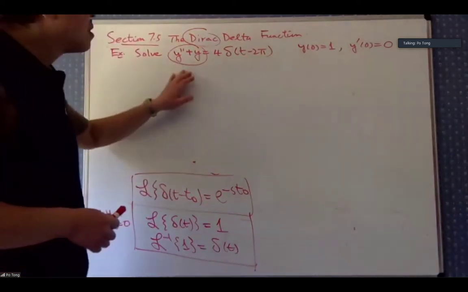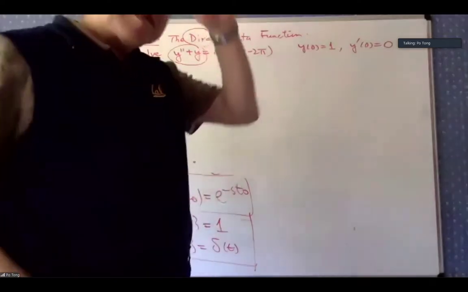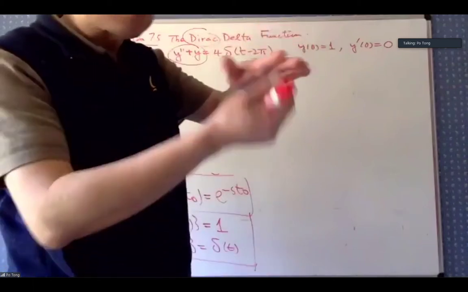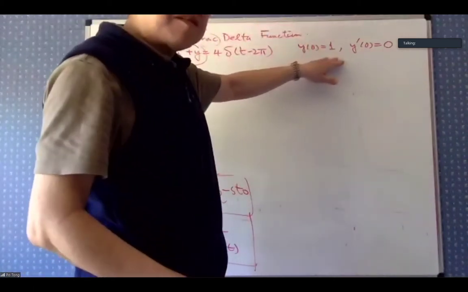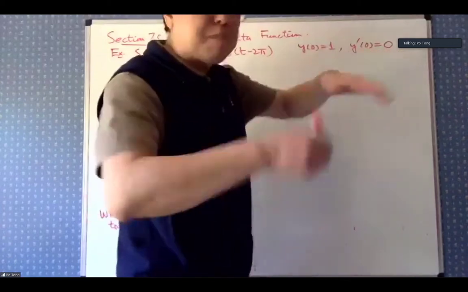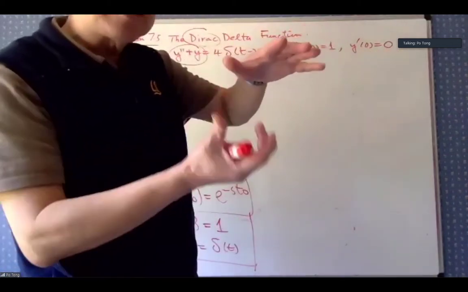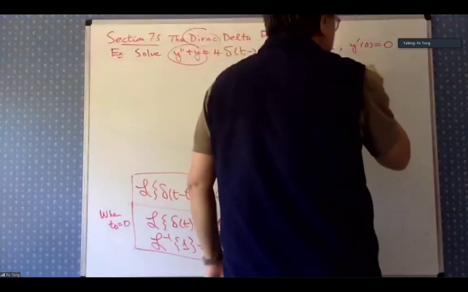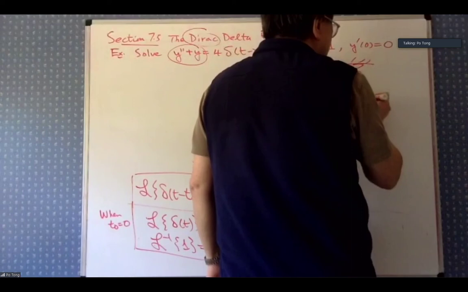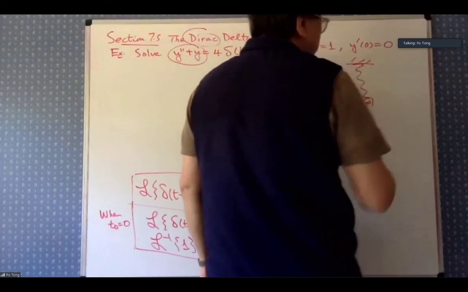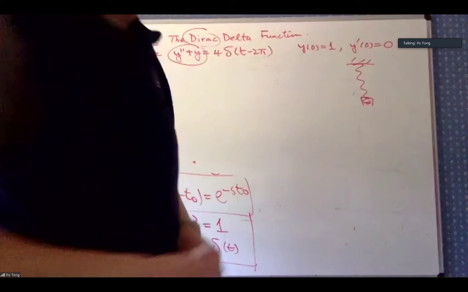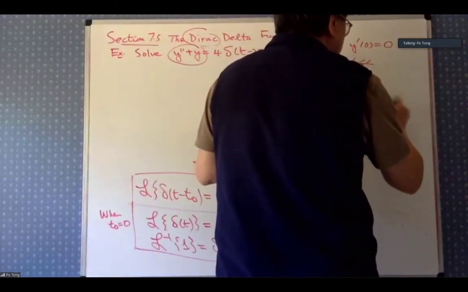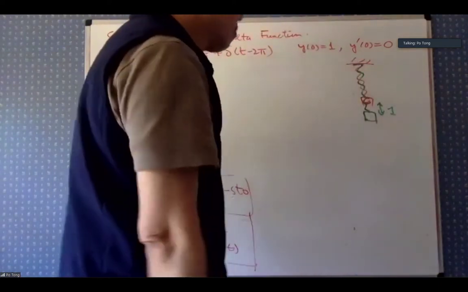In this case, you can think about a spring. Here, the initial position is a little bit off. It's not the equilibrium position. This says that you're not pushing the thing, you're just releasing it from rest. So you can think of a spring with this support. This is the equilibrium position, but you put this down a little bit, and this distance is 1, and you're just releasing it.